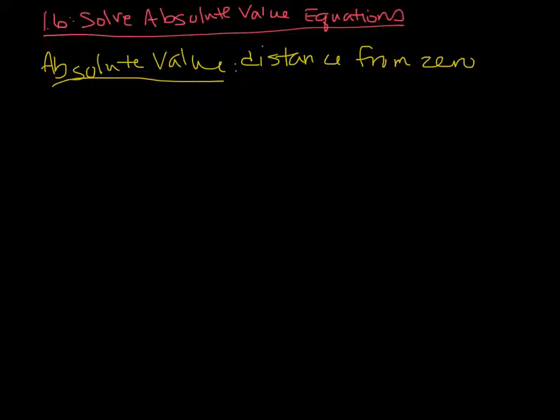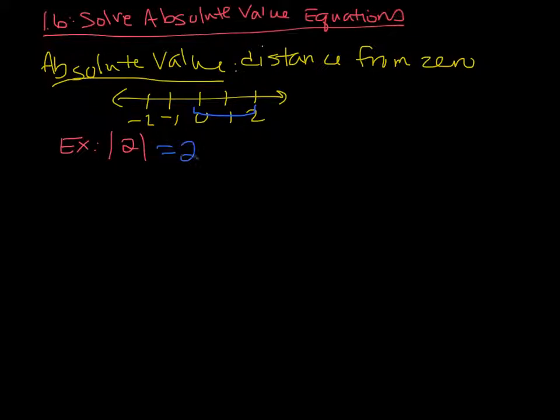So if you think of a number line, and you have 0, 1, 2, -1, -2. If I want to find the absolute value of +2, if I look at my number line, I'll find that +2 is exactly 2 spaces from 0.